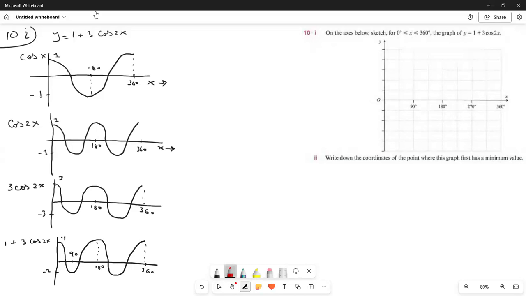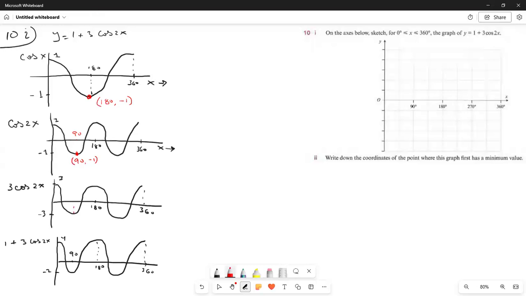Okay, now let's say what is the minimum value over here? What are the coordinates of this point? It is 180 and -1. Agree? What about this one? This is the first minimum, right? So this corresponds to 90 degrees. So it is 90 and -1.